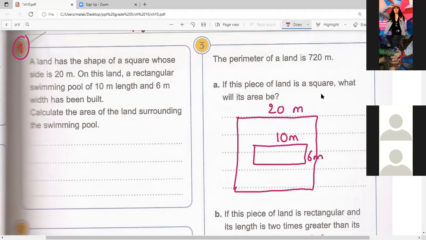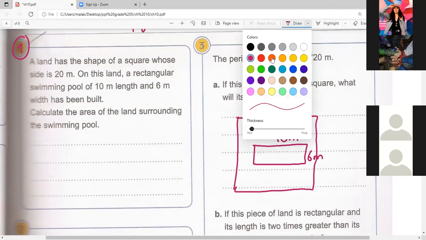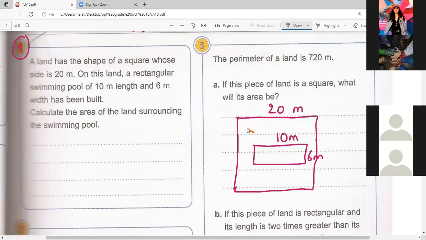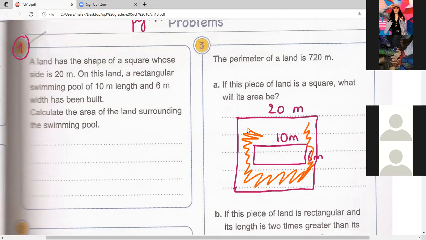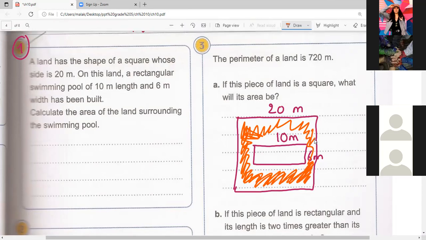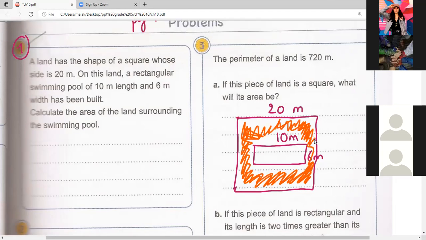Calculate the area of the land surrounding the swimming pool. That's outside the swimming pool. This is the area that I'm coloring now, the area that surrounds the swimming pool.